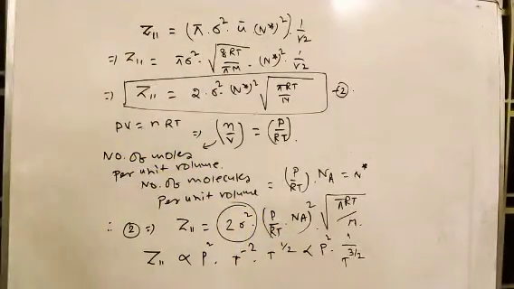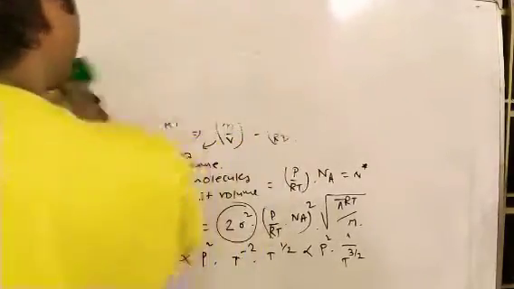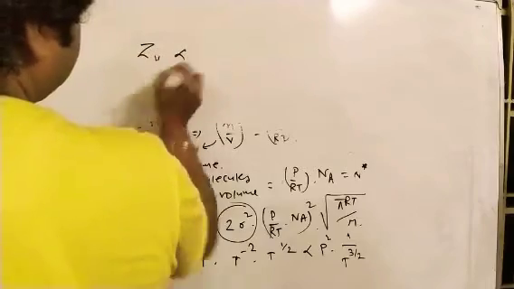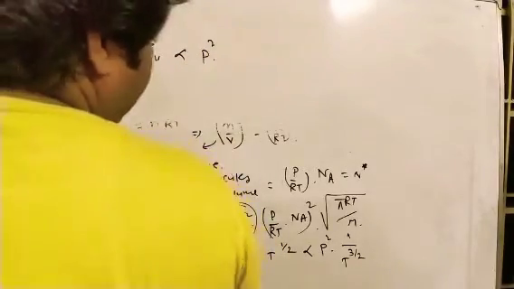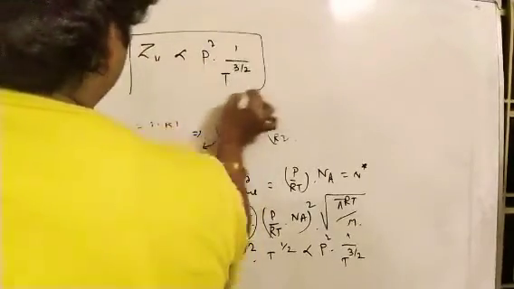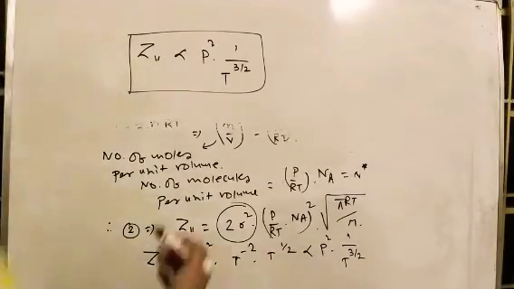That is very important. So how does Z11 depend on pressure and temperature? Z11 is proportional to P square into 1 by T to the power 3 by 2. Clear? This is how we think about the dependency.